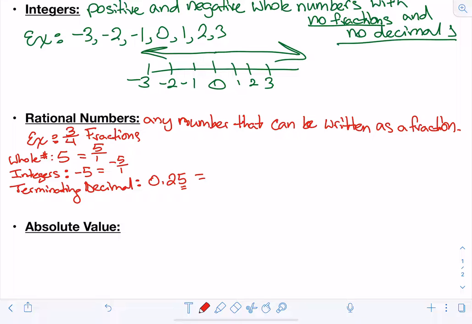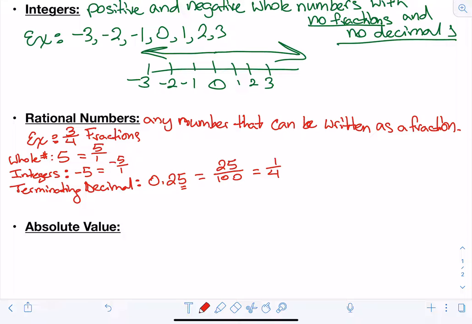Okay, and this is a rational number because we can change that to 25 over 100, right? Because that 5's in the hundredths place. And I could simplify that to 1/4. So it can definitely be written as a fraction. It can be written as 25 over 100, and then I can even simplify that fraction to 1/4. So terminating decimals are rational numbers, okay?